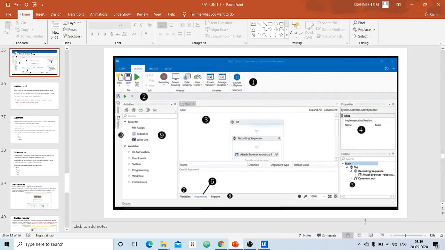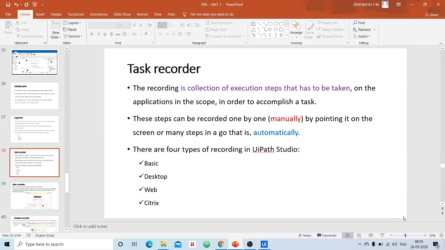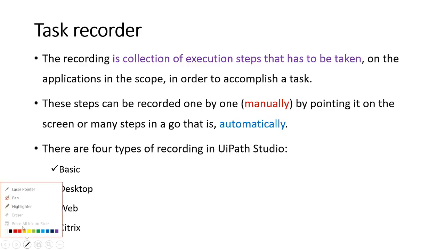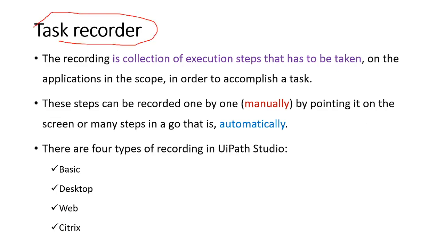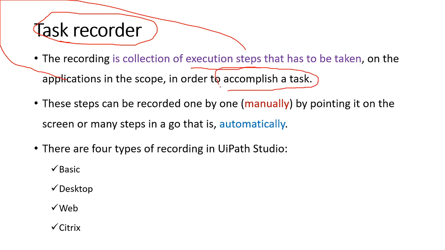We shall understand at a high level again what is the use of task recorder. As the name itself says, the job of task recorder is to record the execution steps done by a human being on the application running on the computer to complete the task.